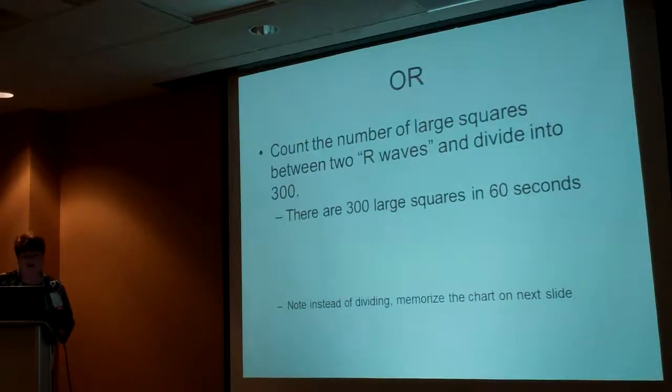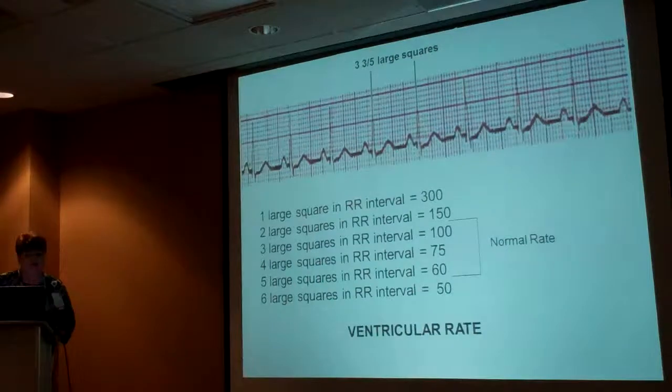So instead of memorizing and dividing into 300, put this kind of equation to memory. 1 large square between an RR interval, the rate is 300. Okay. 1 into 300 is 300. 2 large squares in an RR interval is 150. 3 is 100. 4 is 75. 5 is 60. 6 is 50.